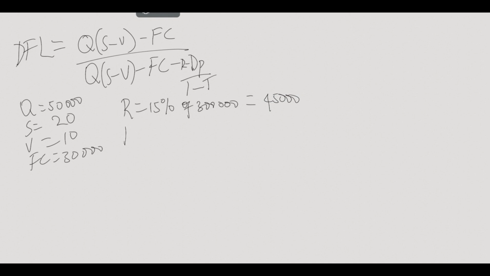And then the dividend on preference shares is 18% of 100,000, which will give us 18,000. And then the tax that is being paid is 40%, right? So fix it into the question. I made a mistake in the earlier one. It's supposed to be minus R minus DP, divided by 1 minus T.